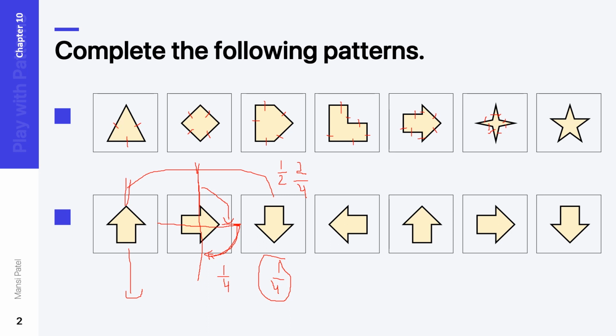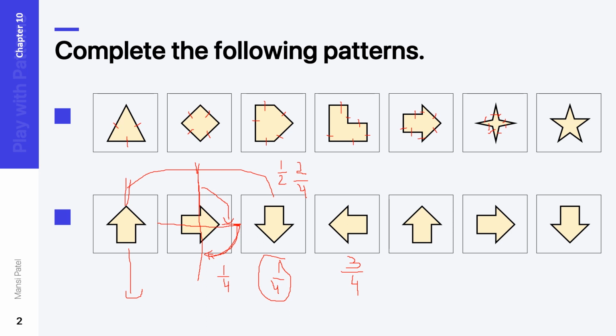Now again it shows the left side. So how much fractional part does it move? It counts from first upward to right side to downwards, and then downwards to left side. So it covers 3/4 part.